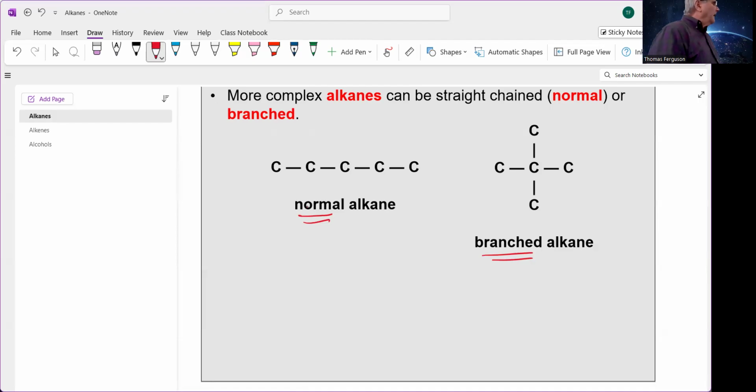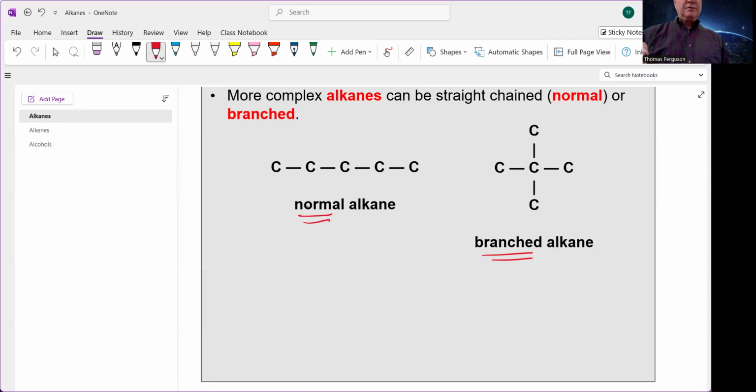Now, in my class about 16, 17 years ago, one of my students came up with a way to differentiate a carbon backbone. She used a highlighter.